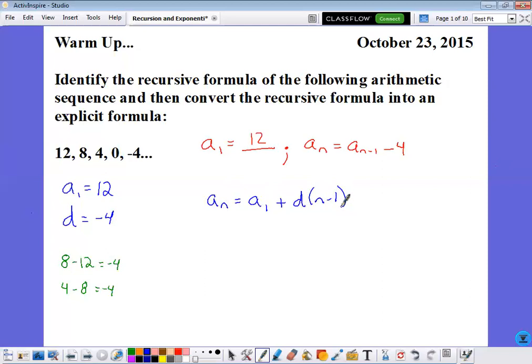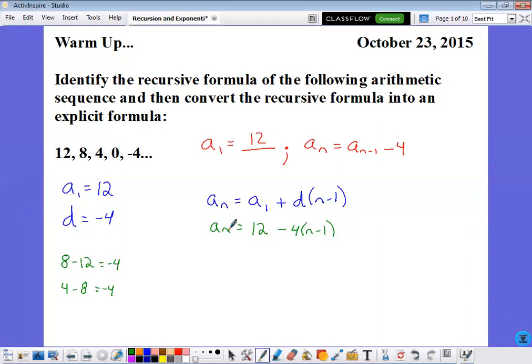So that's what we're looking for. And we already know the two elements to put in because we've already found those. Your 12 being your first term, your -4 being your common difference. So I'm going to go ahead and plug those in. First term is 12. My common difference, I could write it as plus -4. I'm just going to write it as -4. And then the n minus 1.